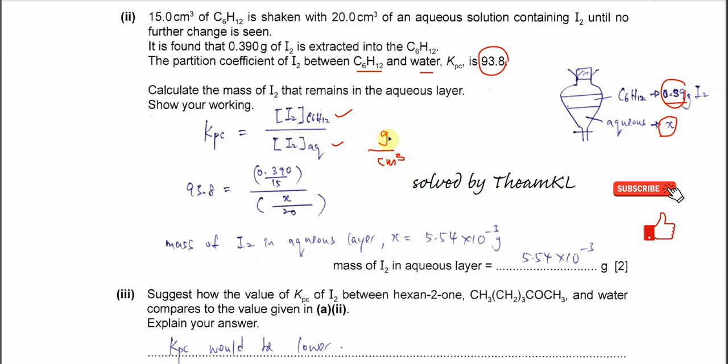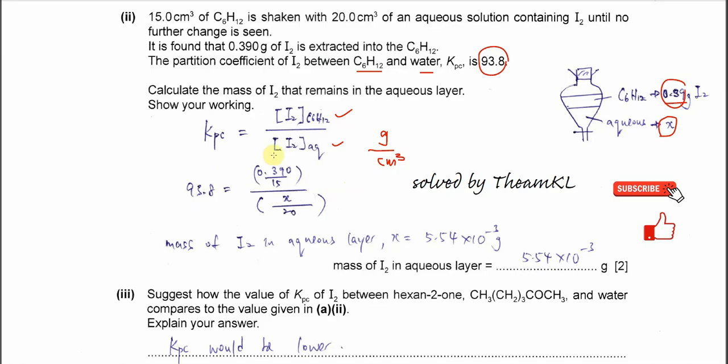No need to convert to mole because the concentration of iodine in cyclohexane and in the aqueous layer involve the same solute. Then you can use cm cube straight away. No need to convert to dm cube, it's meaningless because you're going to cancel it after that.